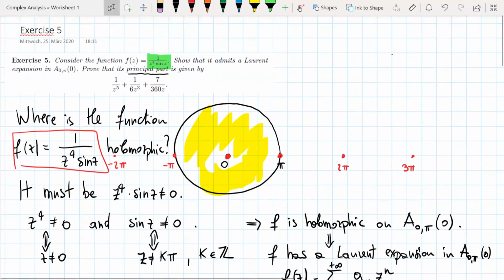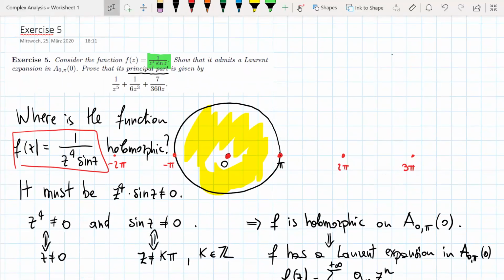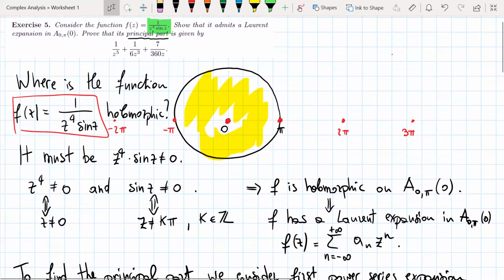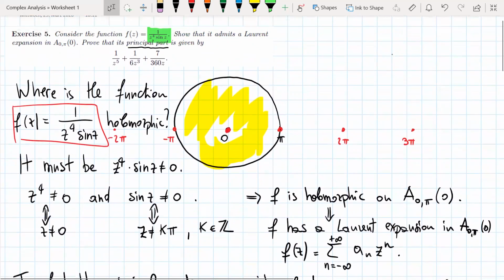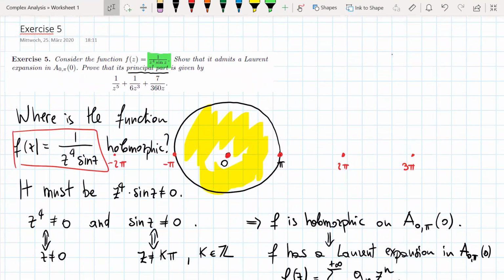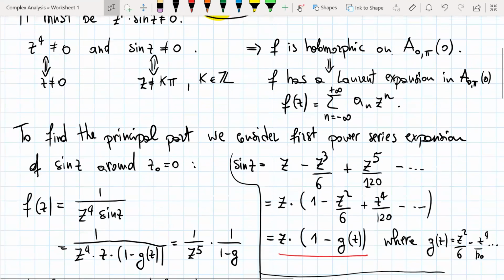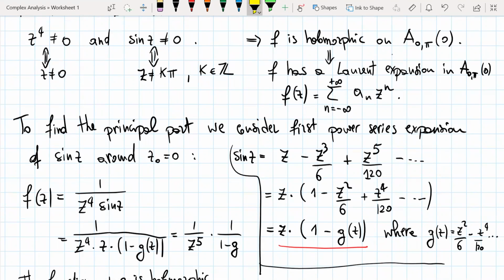Right, so this gives us the expansion we wanted. So let's sum up what we did. We had this function 1 over z to the 4 sine of z. First of all, we checked that this function is holomorphic on the disk minus 1 point, the disk with center 0 and radius pi. And now what we have to do is consider the power series expansion of sine of z, which we did here.